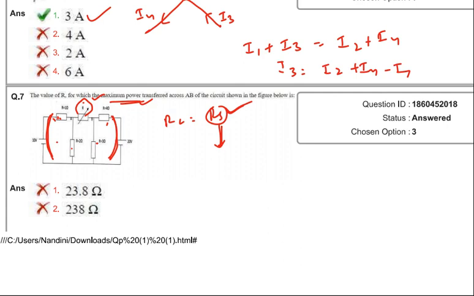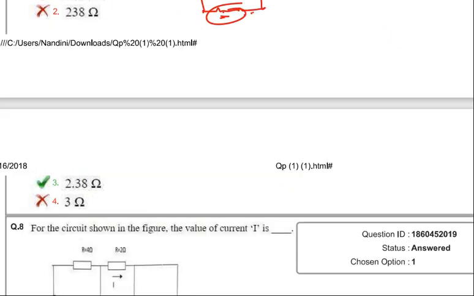The total parallel and series combination, whatever resistance comes, will be the source resistance. Simplifying, you will get 2.38 ohms.